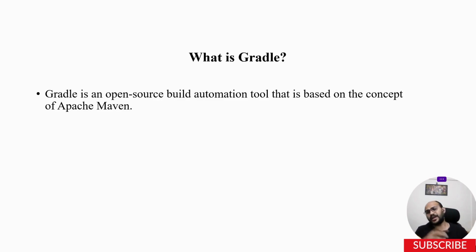ANT is the basic tool we have, and later on the Maven tool was introduced to the world in 2004. The Maven tool came with new features and functionality, and Maven became very popular. And nowadays the Gradle tool has come into the picture with extra features, and with the help of those features, people are casually switching from their Maven projects to Gradle projects.